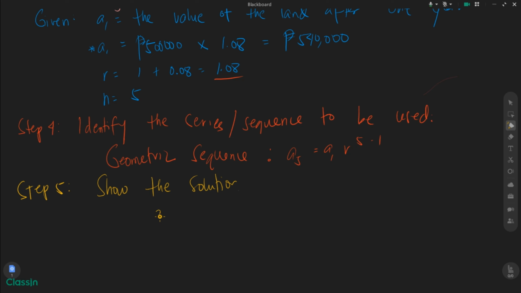A sub 5, or the fifth term, is equal to 540,000 multiplied by the ratio, 1.08, raised to 4.